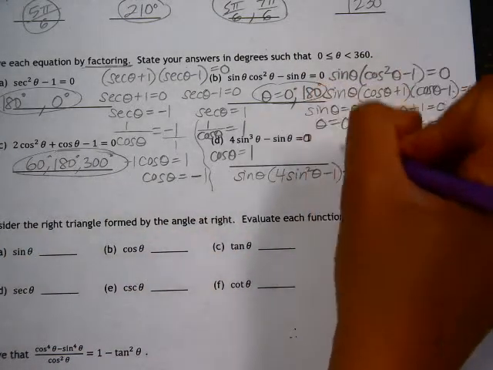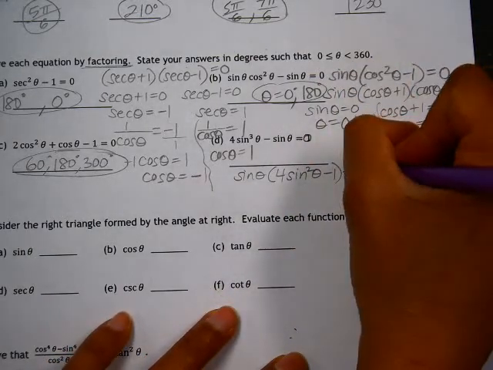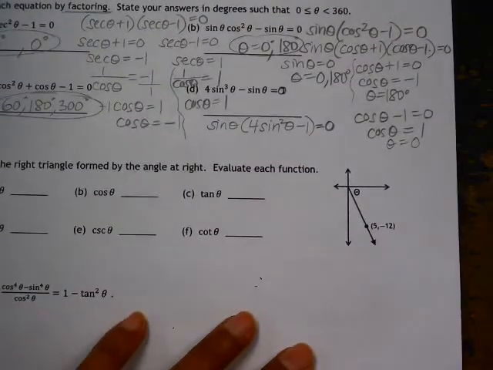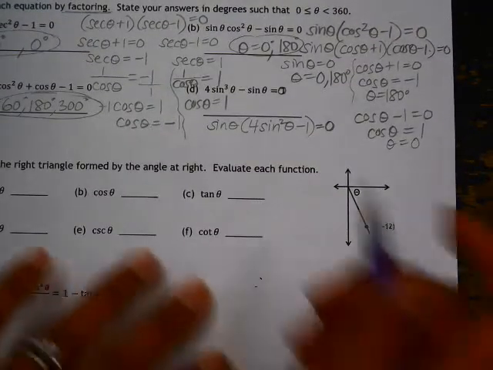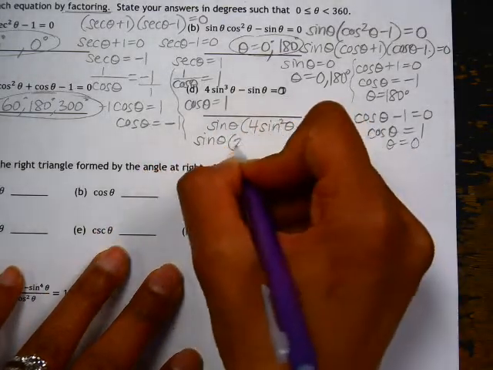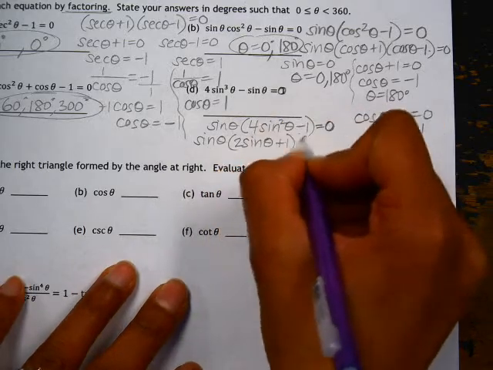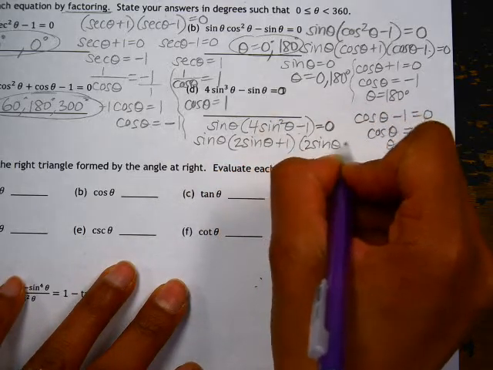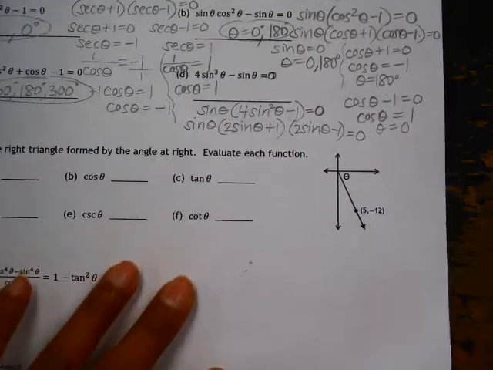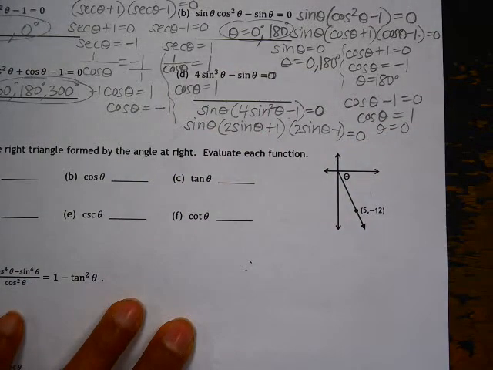So if this is a 0, then here we have a difference of squares, so sine theta times 2 sine theta plus 1 times 2 sine theta minus 1 equals 0. So any of these three factors could be equal to 0.